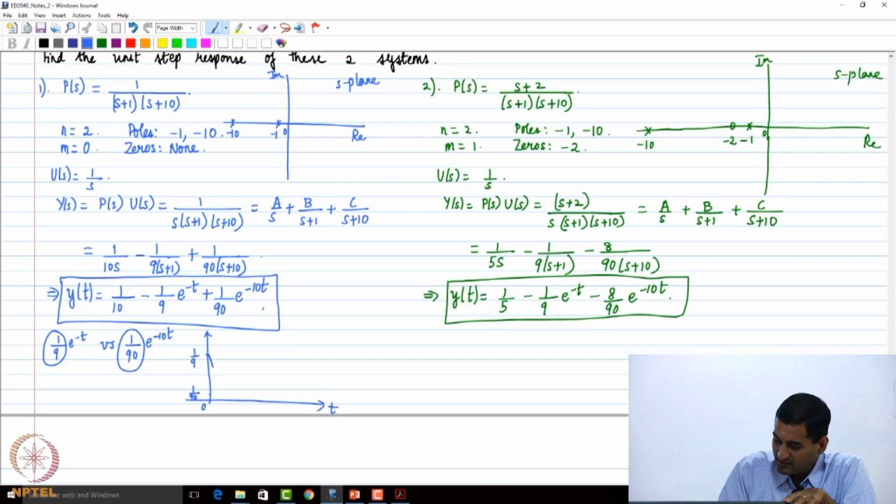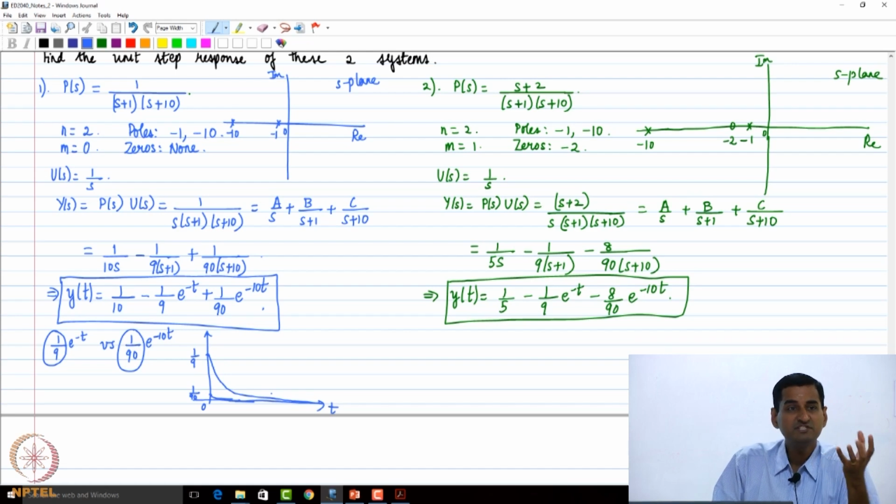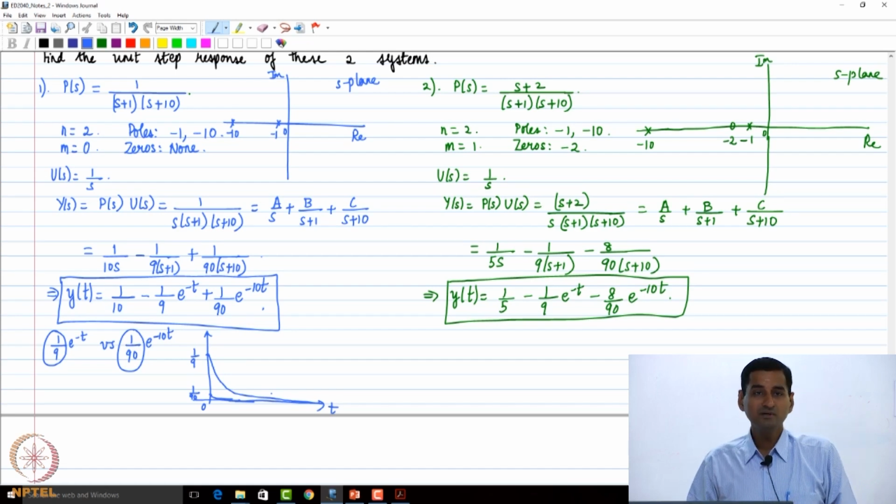So let's say 1 by 9 e power minus t goes to 0, let's say like this. What will happen to 1 by 90 e power minus 10t? This will go to 0 relatively more instantaneously, right? I am just drawing a relative diagram. Okay, so this will go to 0 very quickly, right? So you see that which factor is dominating the output? 1 by 9 e power minus t, right?